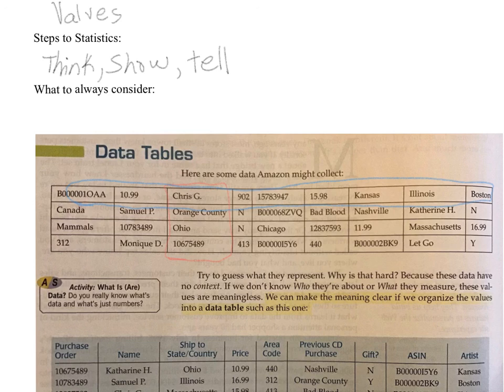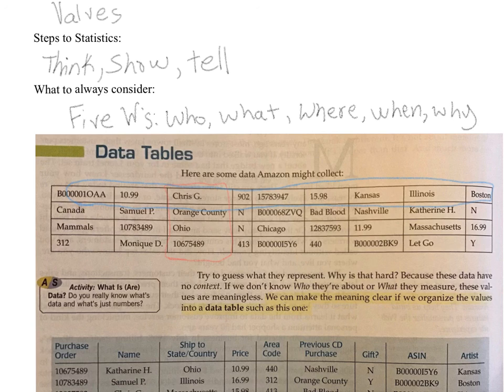So the 5 W's: who, what, where, when, and why. And sometimes we might even do a how.